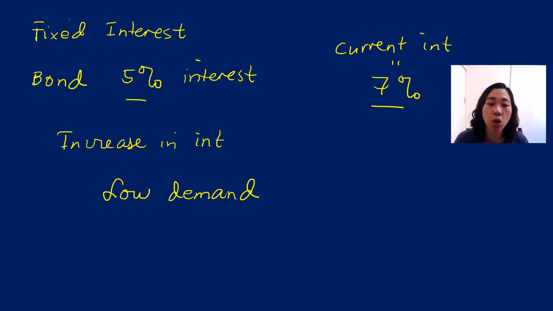If there is low demand, then from economics, what will happen to the price? This will result in a lower price, so that it will be attractive to the people who will buy it. So if you have an increase in interest, you will have a low price.